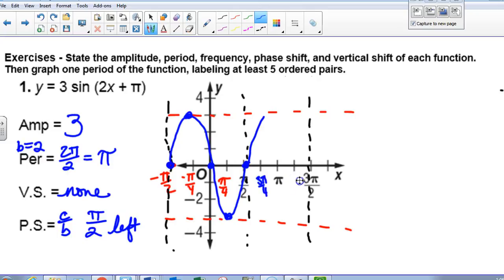What would this one be right here? 1 pi over 4, 2 pi over 4, which reduced. 3 pi over 4, 4 pi over 4, which reduced. This one would be 5 pi over 4. All right, my graph is getting worse as I go. Everybody okay?